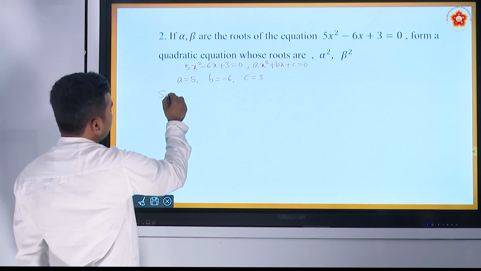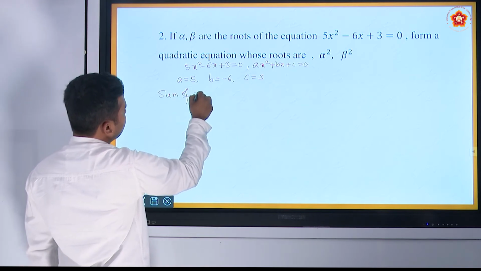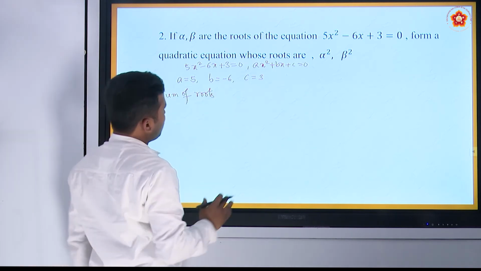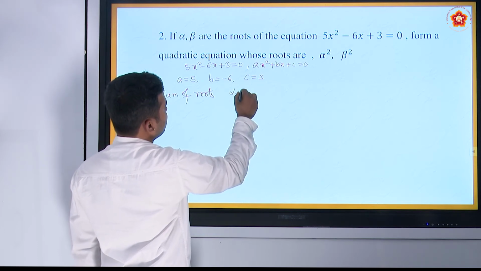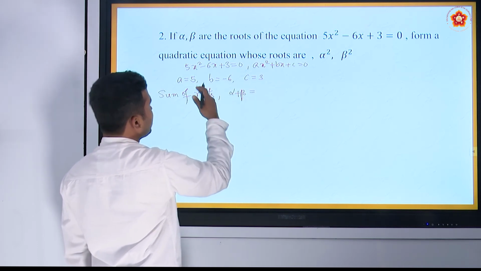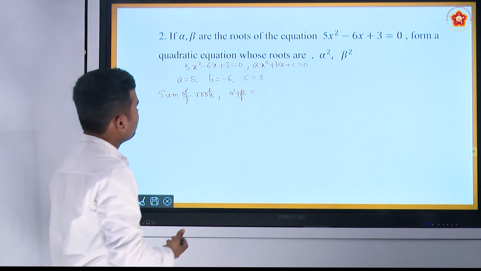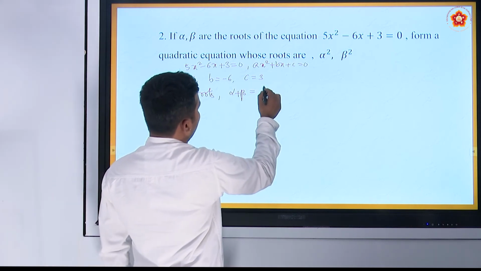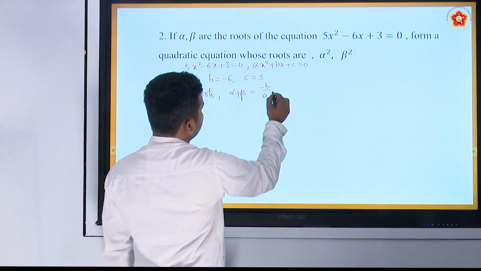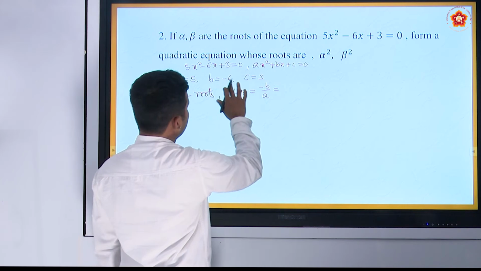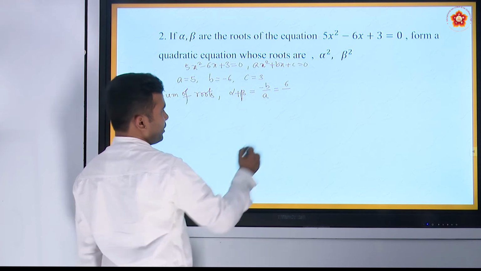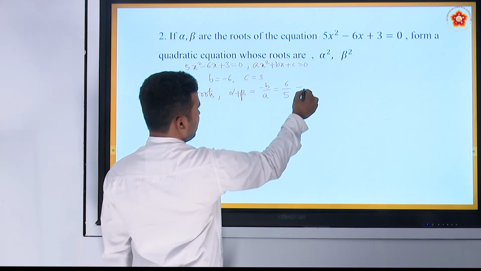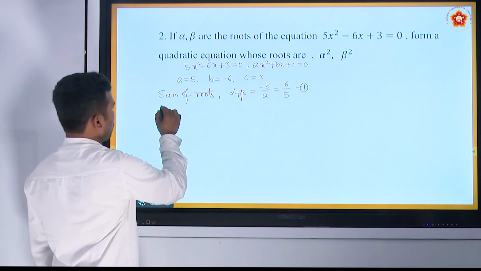Sum of roots here: if alpha and beta are the roots, alpha plus beta is minus b by a. What is minus b? Which is minus of minus 6, so minus into minus becomes plus, which is 6 by 5. I will call it as 1. Similarly, product of roots.